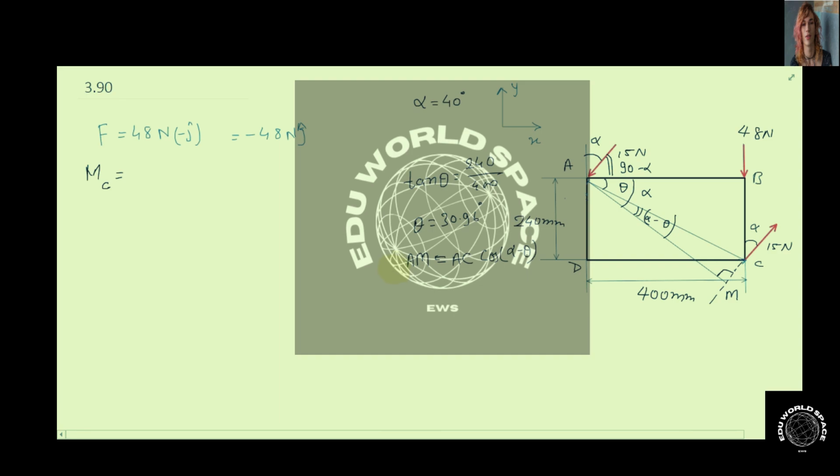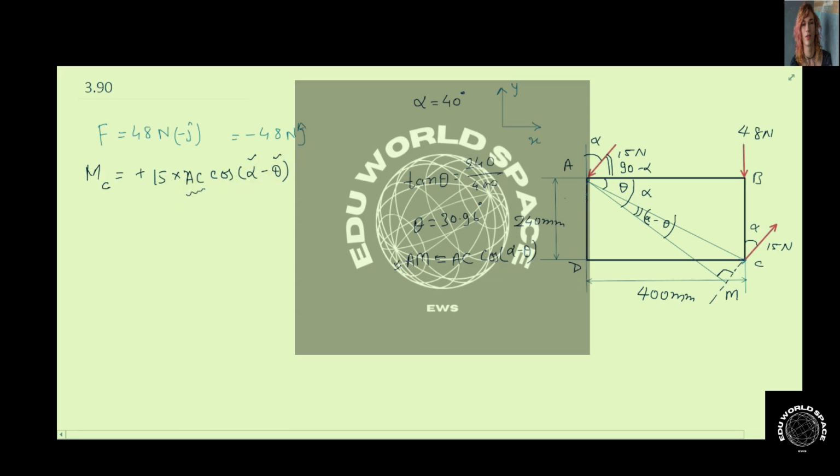So the perpendicular distance AM is known, so we can find the moment directly here. Since this 15 Newton force is going to cause an anti-clockwise couple, this will be positive 15 multiplied by AC cos(alpha minus theta). In the first part, alpha is given as 40 degrees and theta we have just calculated.